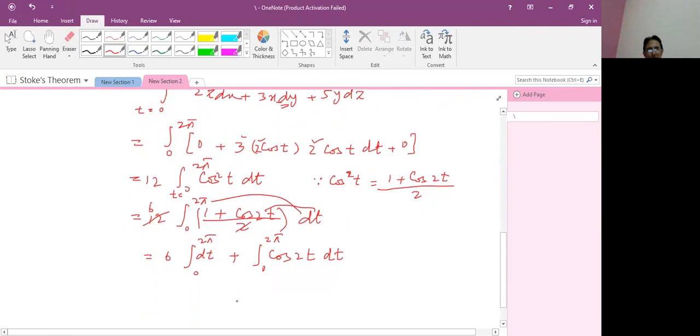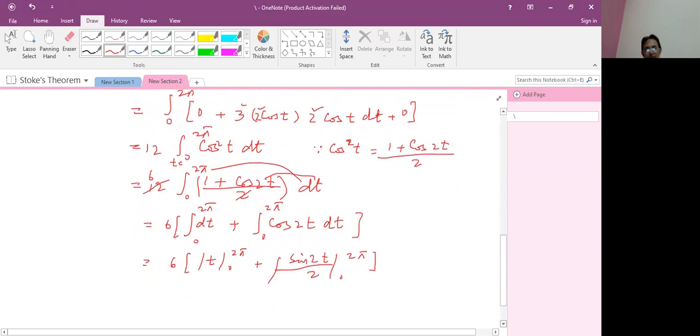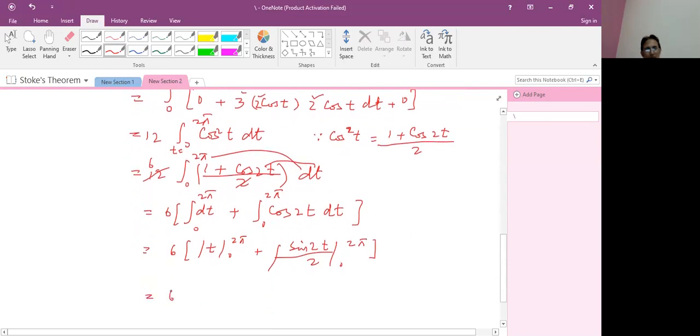So students, the integral of dt is t, from 0 to 2 pi, plus the integral of cos 2t, which is sine 2t upon 2, limit from 0 to 2 pi, it is 6. Now applying the limit, 6 into 2 pi.